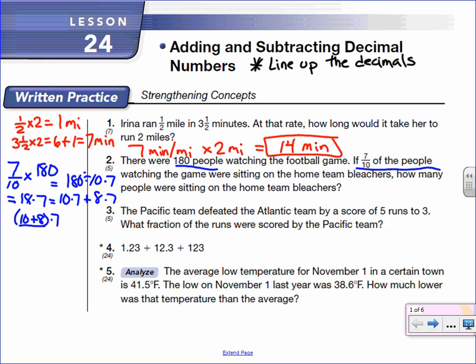And this right here is still 18. And then the distributive property says that that 7 gets multiplied by each thing inside the parentheses. So I get this. 10 times 7 is 70. 8 times 7 is 56. 70 and 56 is 126 people on the home team bleachers.